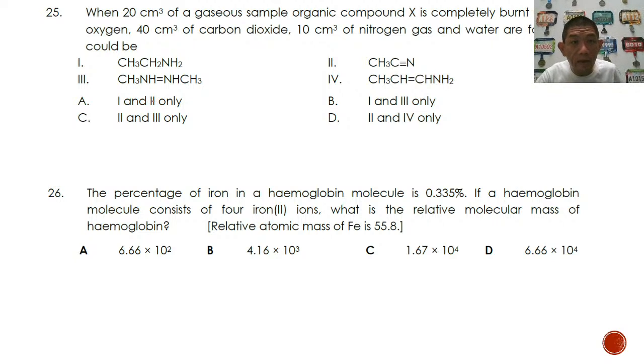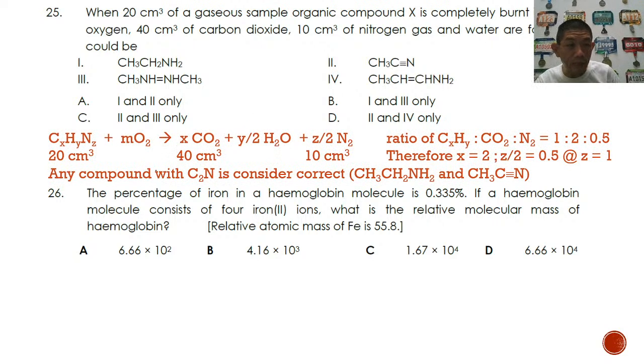As for 25, when 20 cm cubed of a gaseous organic sample X is completely burnt in excess oxygen, 40 cm cubed of carbon dioxide and 10 cm cubed of nitrogen are formed. X could be what? In here, you have to calculate the possible ratio for carbon and nitrogen. Since CxHyNz, 20 cm cubed, produces 40 CO2 and 10 N2, the ratio of CxHyNz to carbon dioxide to nitrogen is 1 to 2 to 0.5.